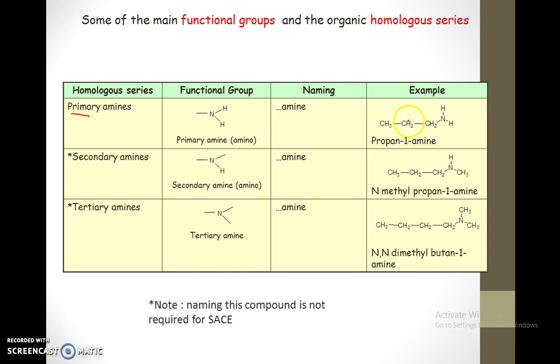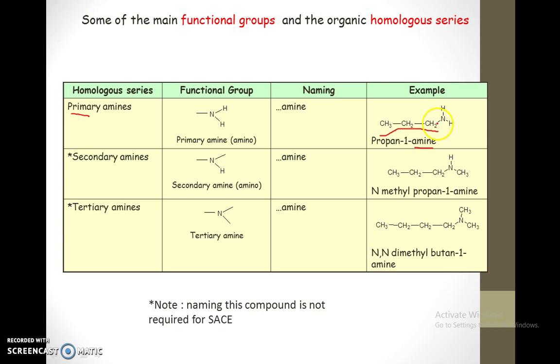So look at the first example of primary amines. As usual, we use the PPS. The suffix is amine. Next, find the longest carbon chain. So this is the longest carbon chain, propane.